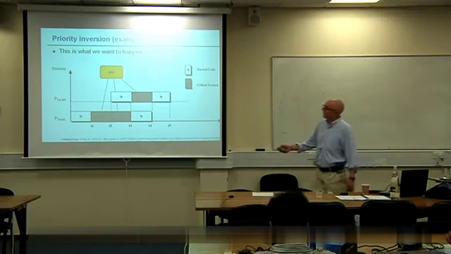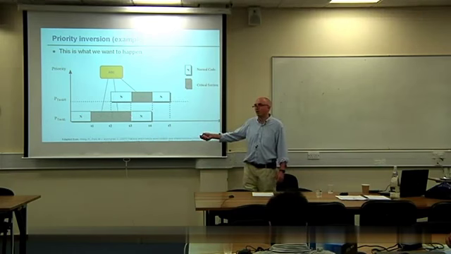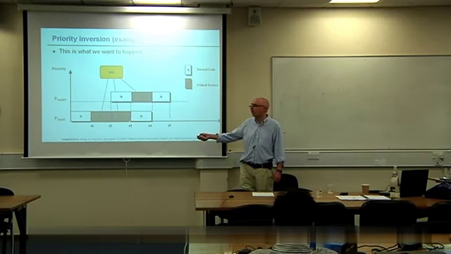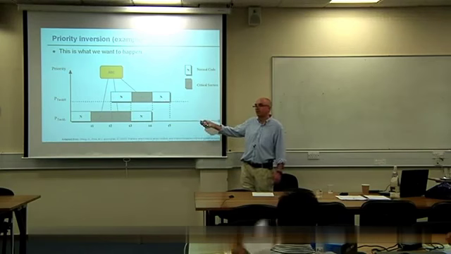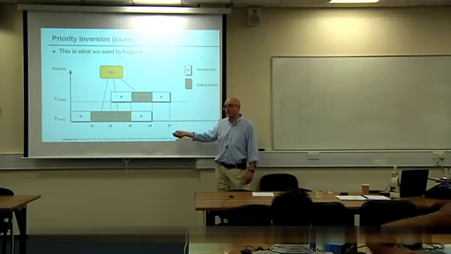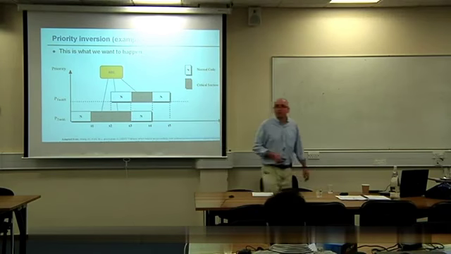In that case, this will run till the end of the critical section at maximum priority before this comes in. So this one will be displaced back to start only after this has completed, and then everything will run quite happily.